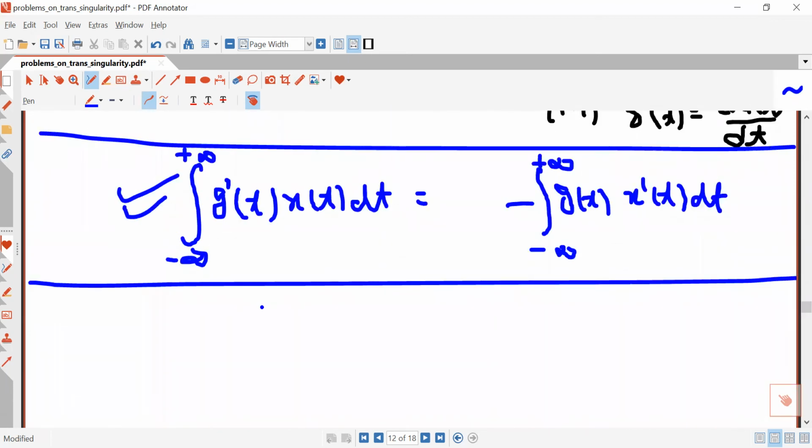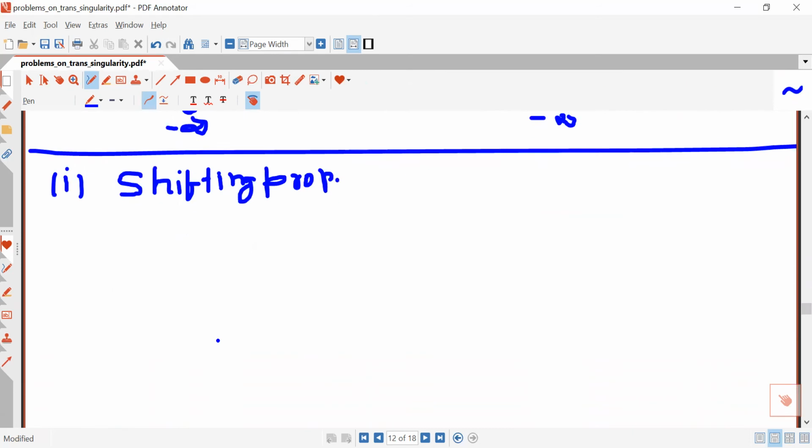Now I am considering the first property, which is called the shifting property. This is a very important property. According to this property, you can evaluate this integration easily.